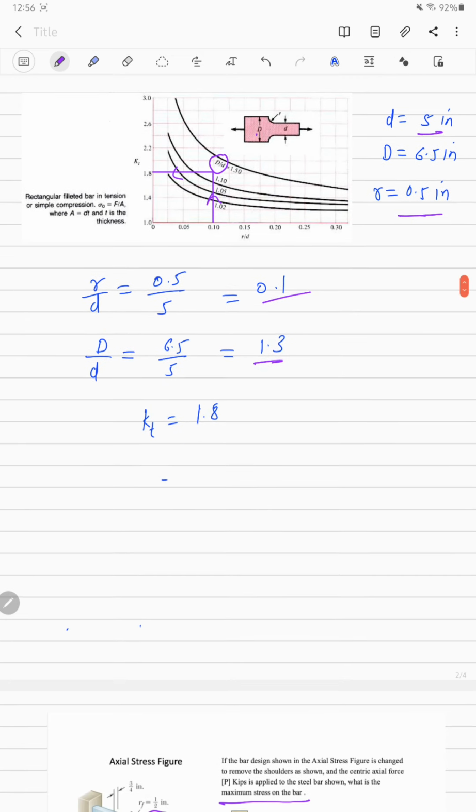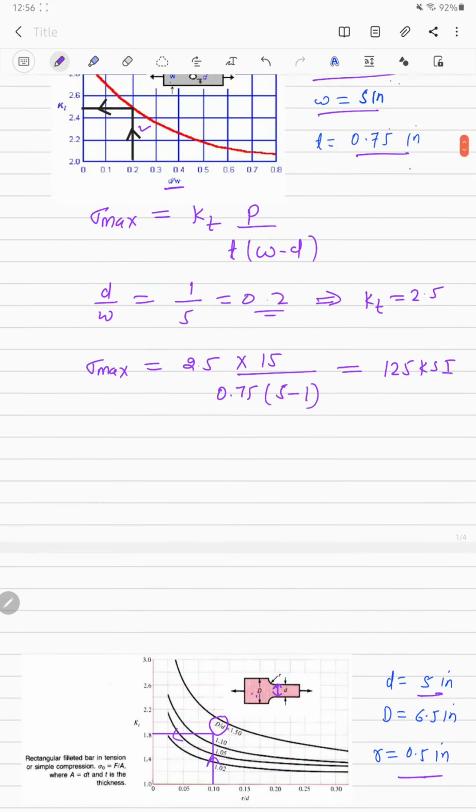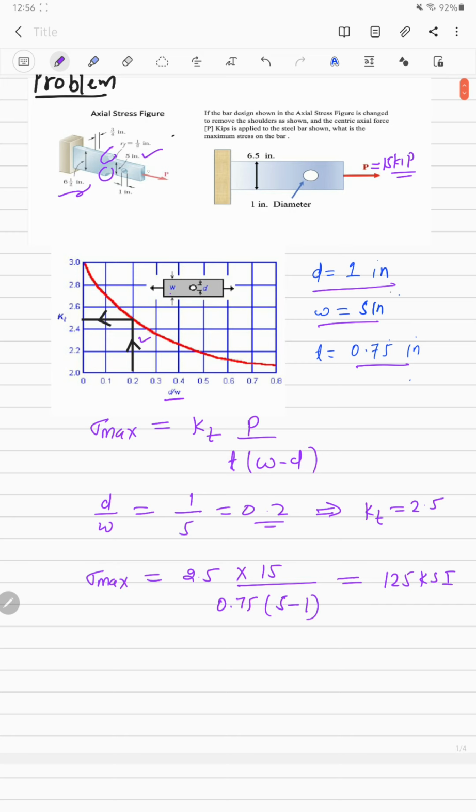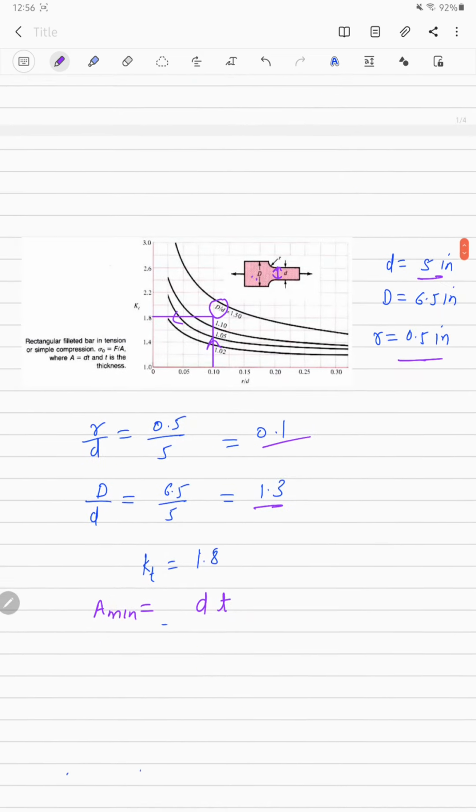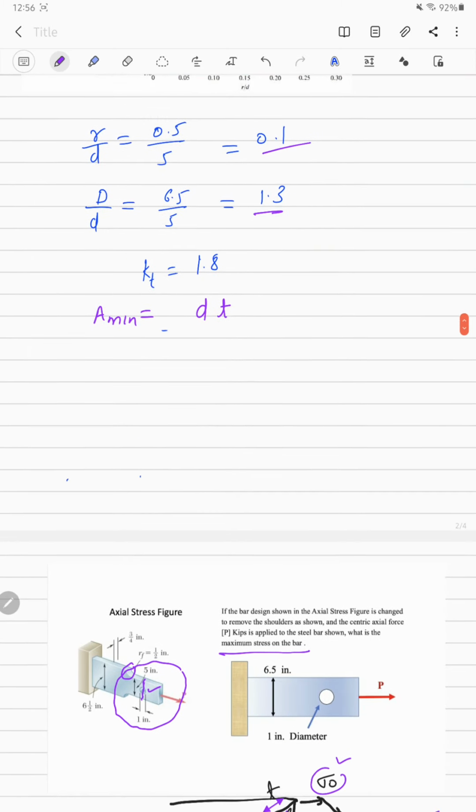Once KT is found, the problem is very easy. But one thing we have to consider: we have to take the minimum area. Which area will be minimum? This area will be minimum. We can find it as d into T, where T is the thickness, which is not shown in the figure. Again we use the same formula.